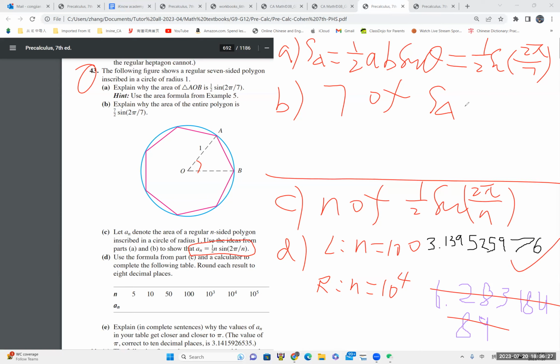Divide 1, 2, 3, 4. Then take sine. Then times 5,000. Yeah. Please rewrite it.